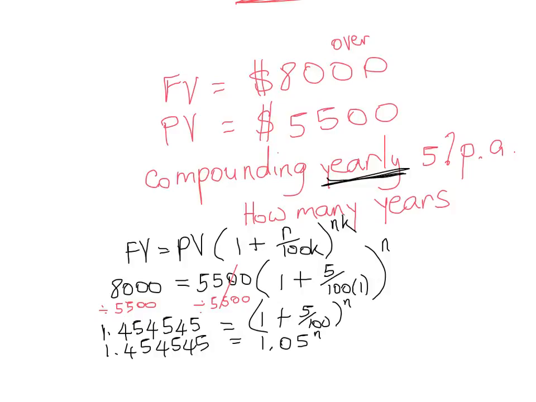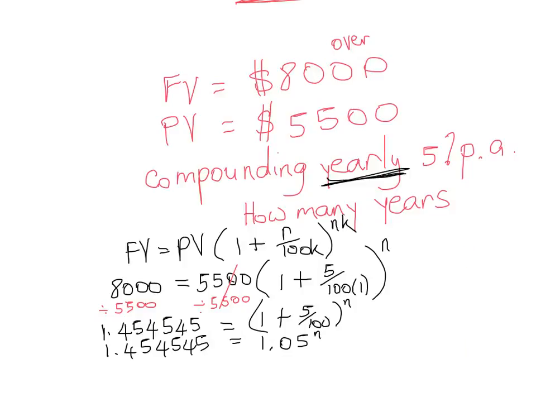Alright, so how do we do this trial and error stuff? Pick a number, any number. Let's go with 10. 1.05 raised to the 10th power. What would that give us? Alright, 1.05 raised to the 10th power gives us 1.629. Too big. But let's write this down. Put it in a little table over here.